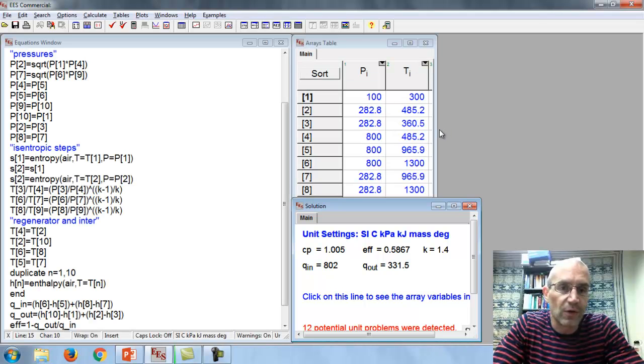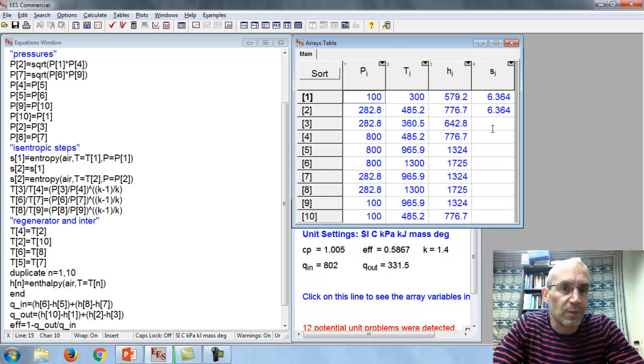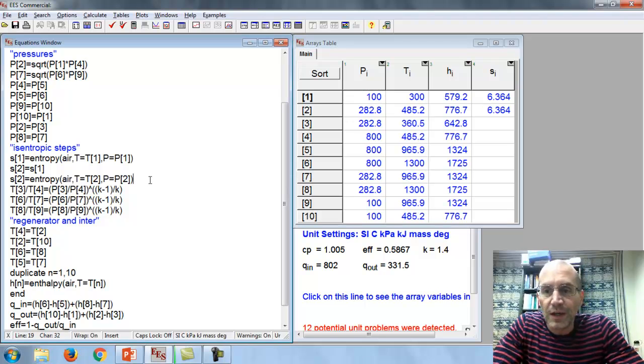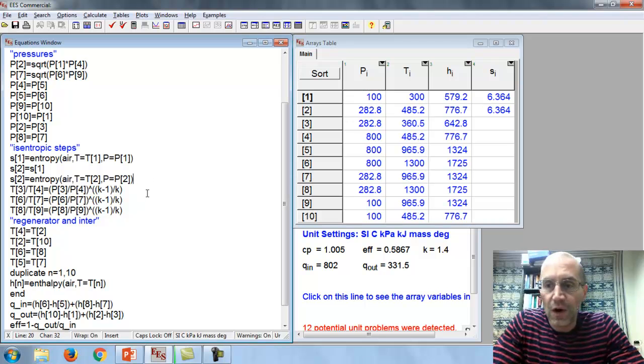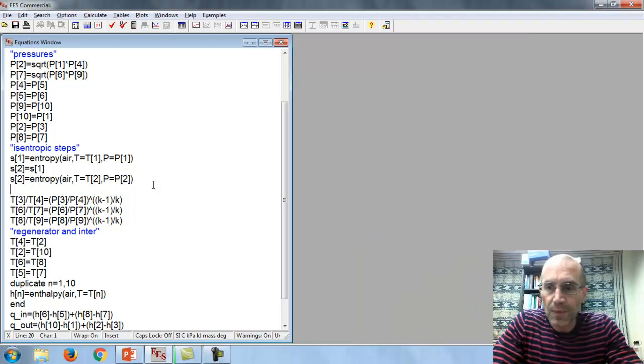Now I'm going to have a third column, which is going to be my entropy values of 1 and 2. We can do similar things for 3 and 4. I'll do that fairly quickly. S3 is equal to the entropy of air at T3, P3.